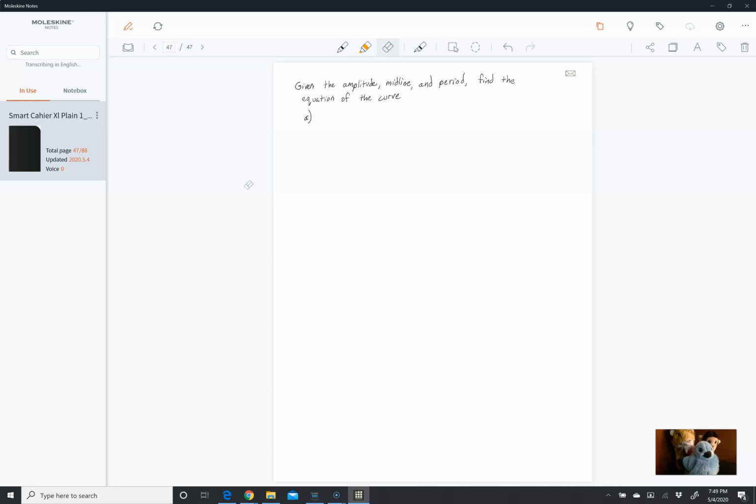So we'll do a few of these. You can start trying these on your own. You don't even have to wait for me to do the first one. You should be able to do this at this point. I have to tell you which one to use, sine or cosine. Use y equals cosine of x.